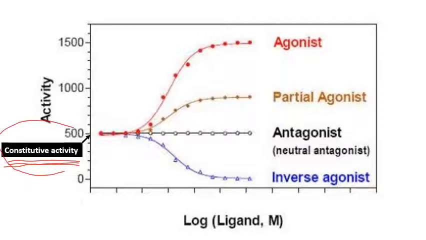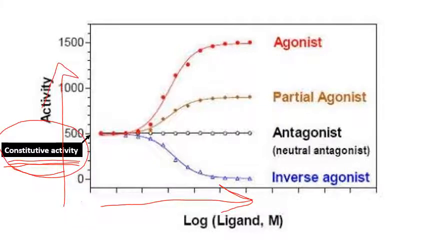As you can see here in this figure, there is a relationship between the concentration of the drug and the activity. So even if the concentration of the drug is zero, there is still constitutive activity, we call it basal activity for the response.